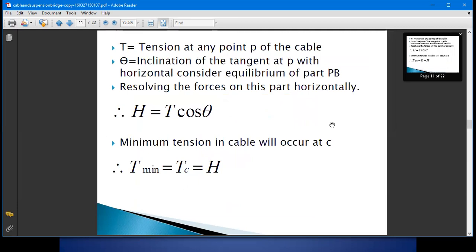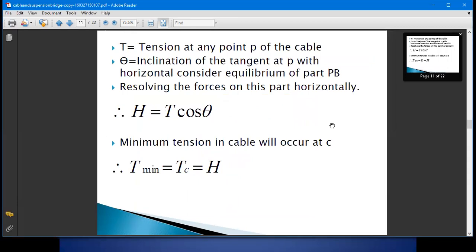Then the tension at the point P, as per the diagram of the cable, theta is the inclination of the tangent at P, resolving the force, horizontal component is resultant into cos theta.